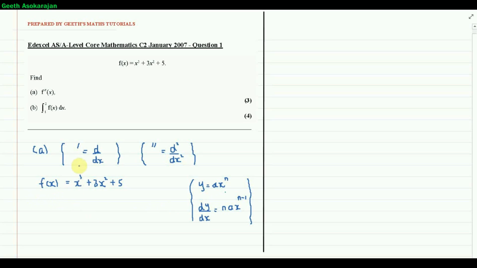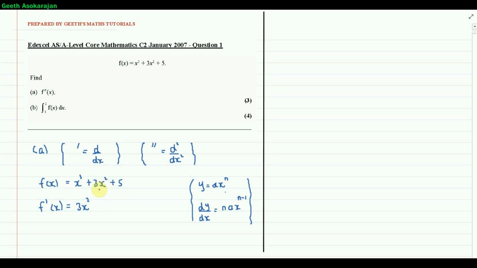However, let's carry on. We need f double primed x. To work out f double primed x, first we work out f prime x. Primed, as I said earlier, means we need to differentiate once. Since these terms are of the form ax to the n, let's follow through with the basic form of differentiation. When I multiply by the power, the first term will have 3x, and subtracting 1 from the power gives us 2.